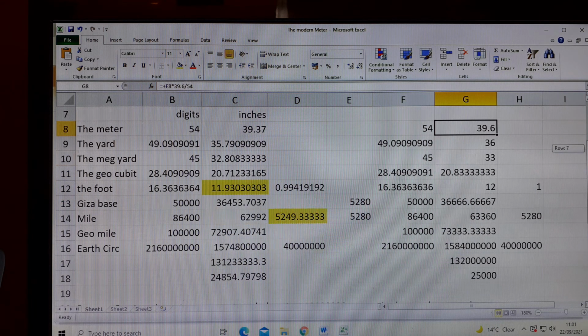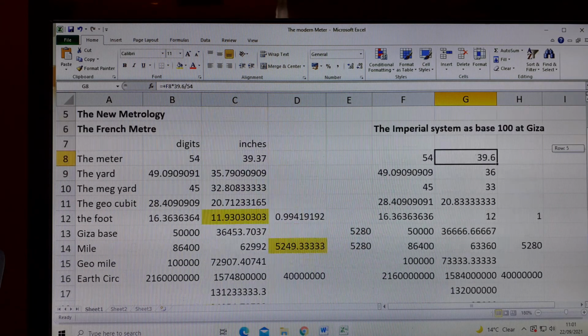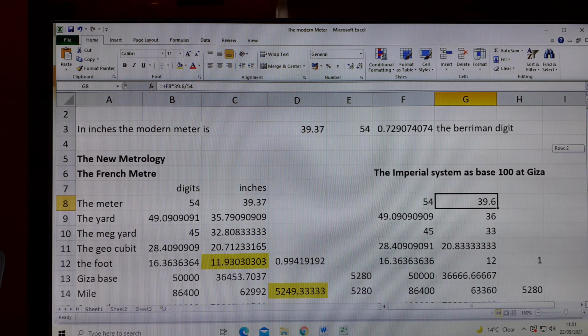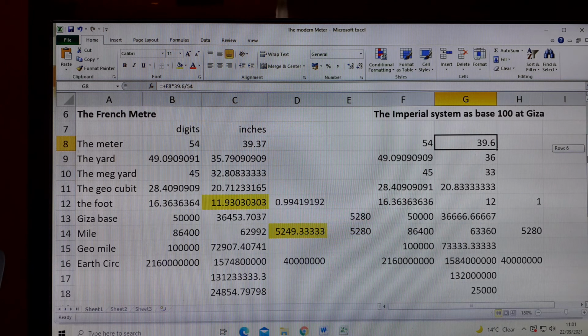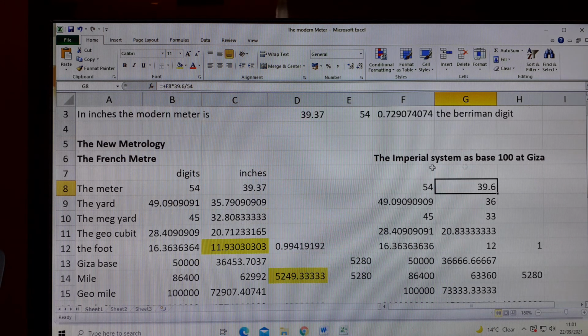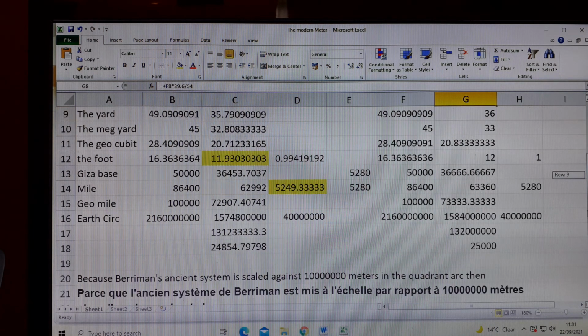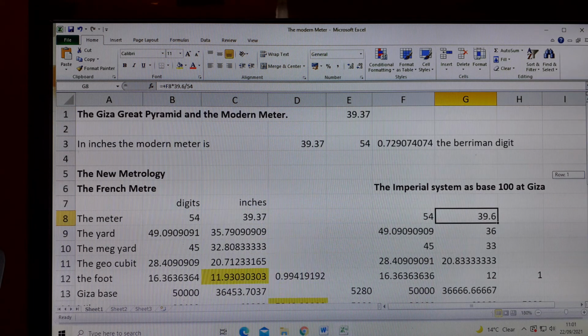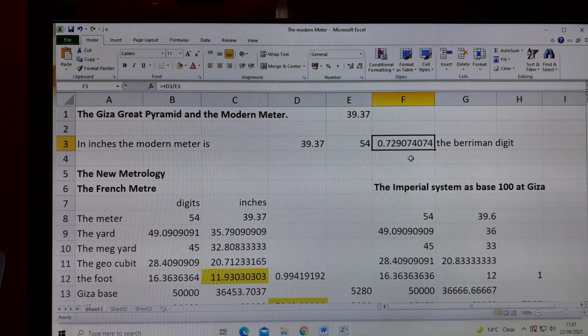And it's something to really think about, because this is suggesting that this Giza model that is part of the new metrology is working perfectly. We're getting this fantastic unit here, the Berriman digit. We look at the digits that Berriman has given us.